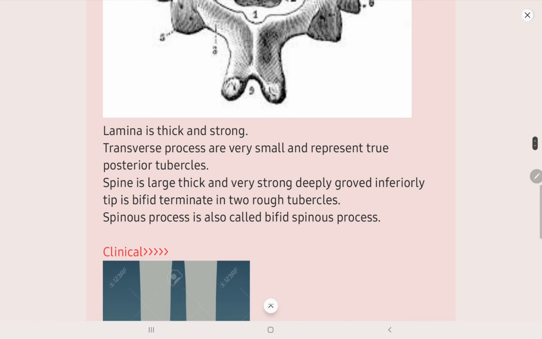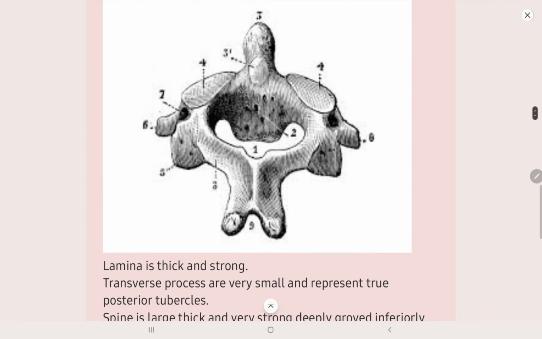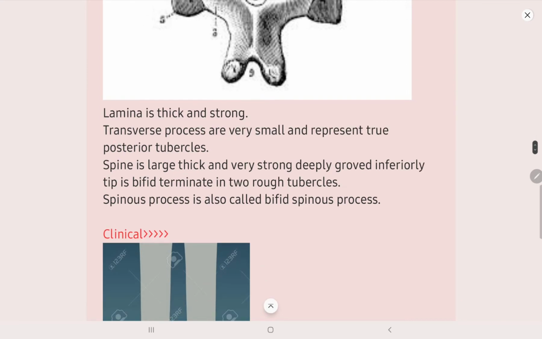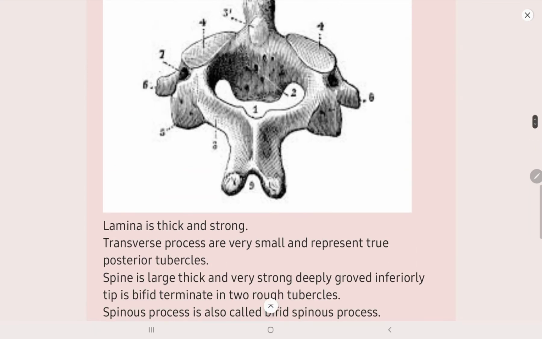So here are the general characteristics of the axis. The lamina is thick and strong. You can identify from the figure how thick the lamina is. The transverse processes are very small and represent two posterior tubercles. You know the atlas has posterior tubercles and an anterior tubercle, but in the axis the transverse process acts like the posterior tubercles.